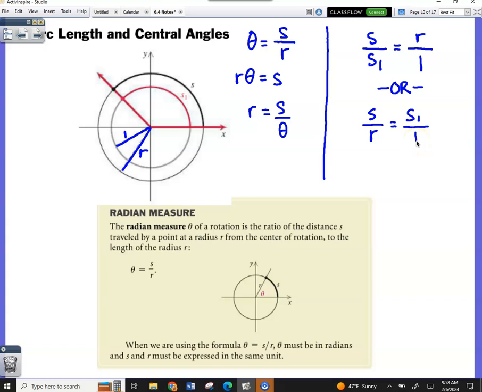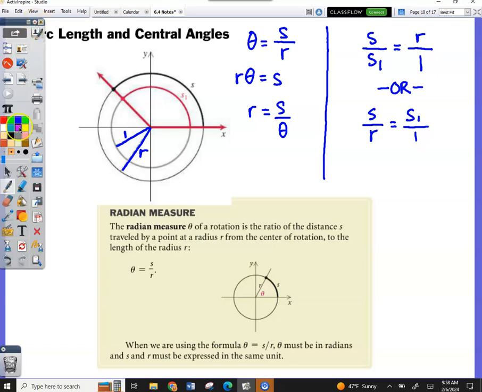You see how I did that? This cross multiplied over here, and the R I divided to the left. Now, why did I do that?